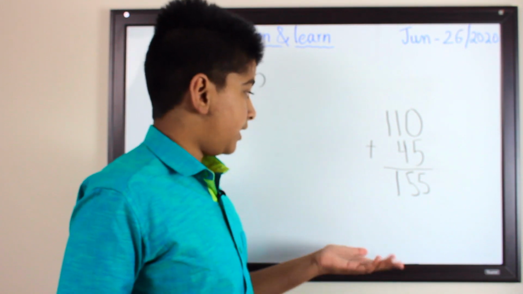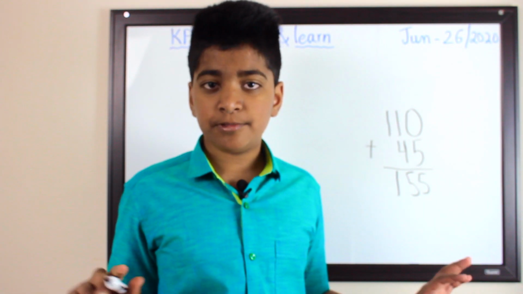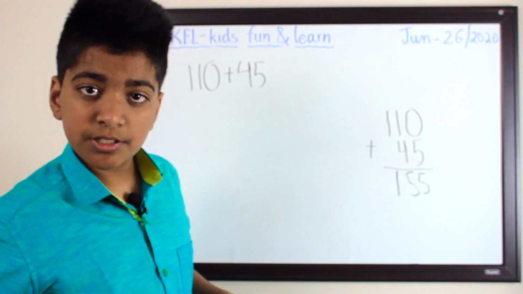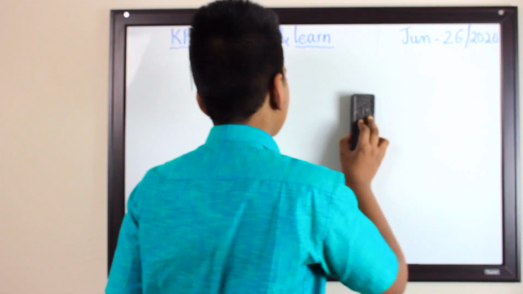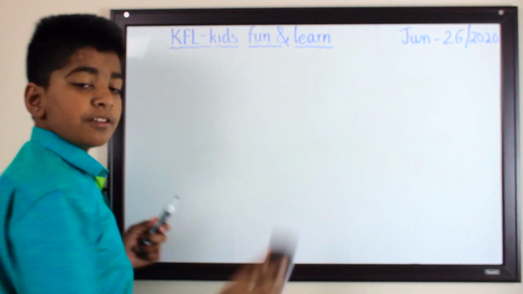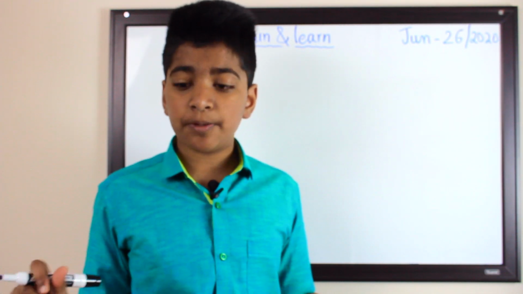So, as you saw here, it's the same steps, okay? Nothing different. Just adding bigger numbers, which isn't much of a difference. Okay? So, I will give you guys lots of practice in this video, and each time I'll give you bigger numbers, okay?